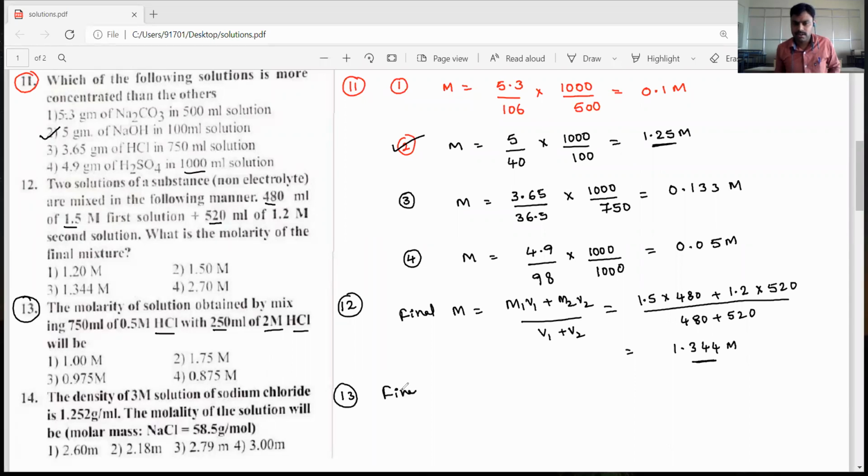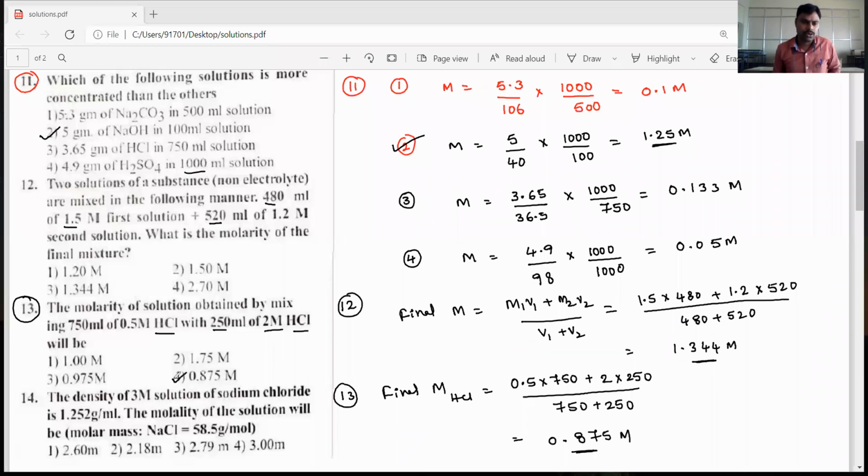The final molarity of HCl is M1, 0.5, into volume 750, plus M2, 2 molar, and its volume 250, divided by 750 plus 250. Okay, dear students, on simplification we will get 0.875 molar. So the fourth option is correct.